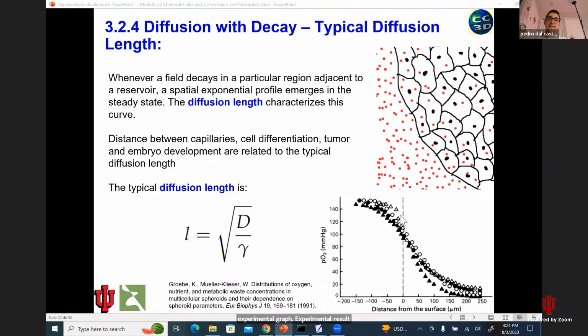As you walk inside the tumor from this dashed line to the right, your concentration decays. When it reaches 37%, which is, for example, here, this point would probably be your diffusion length. In this case, it would be 100 micrometers for oxygen inside the tumor. 100 micrometers is your diffusion length.